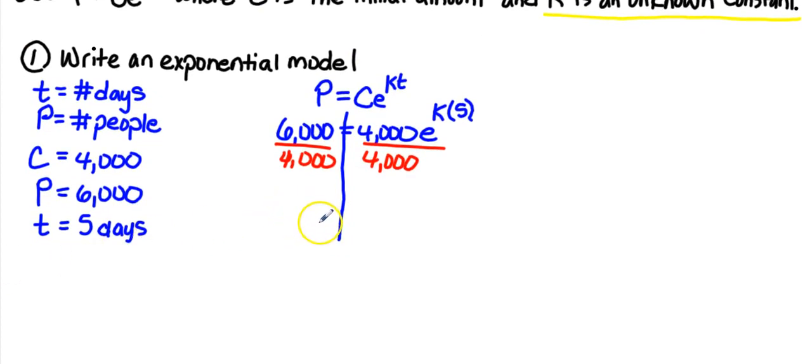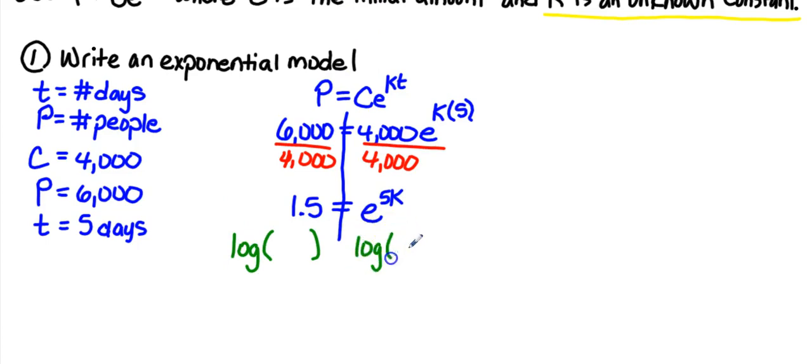In your calculators, let's do 6,000 divided by 4,000, and we should get 1.5 equals e to the 5k. From here, with our solving process, we know that the inverse operation of exponents is logarithms. So we will take the log of both sides.